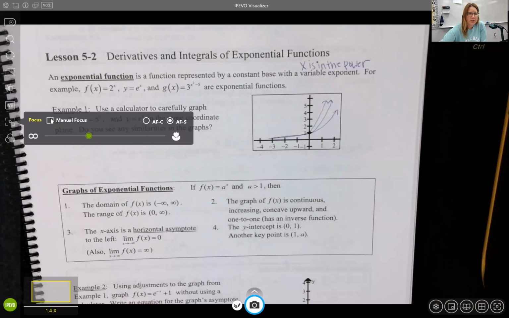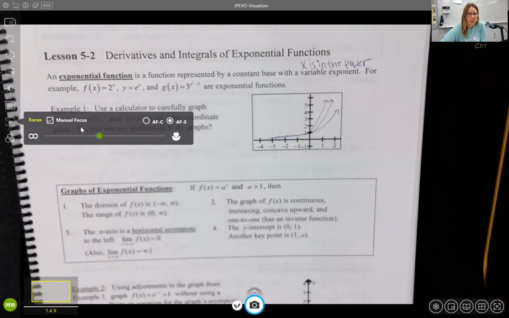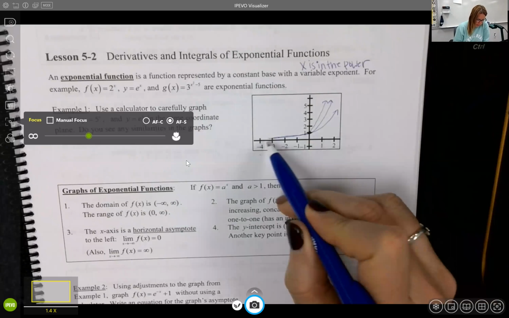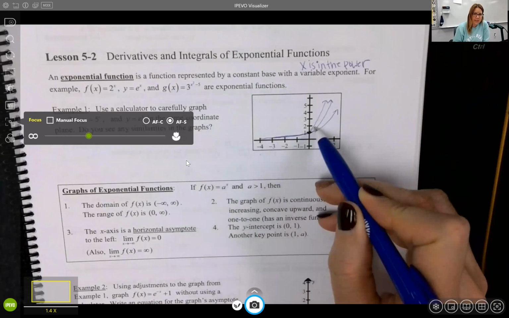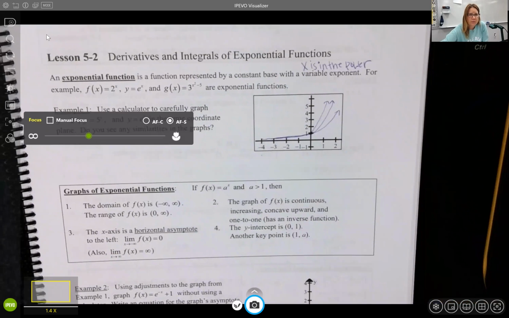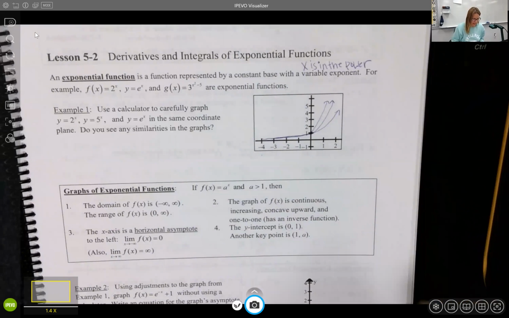And the range is always going to be from 0 to infinity. Because it's never going to go negative, my function is always going to be above the x-axis unless I have a vertical shift. And then we do our transformations.